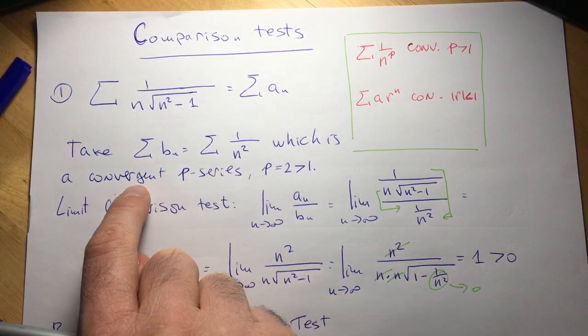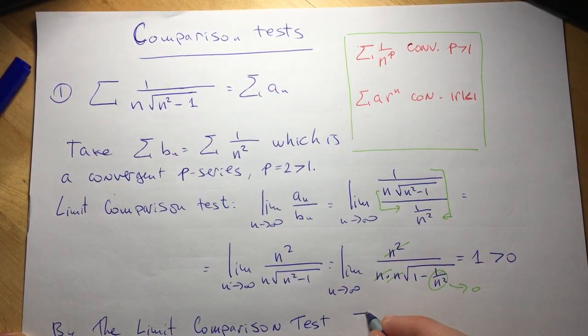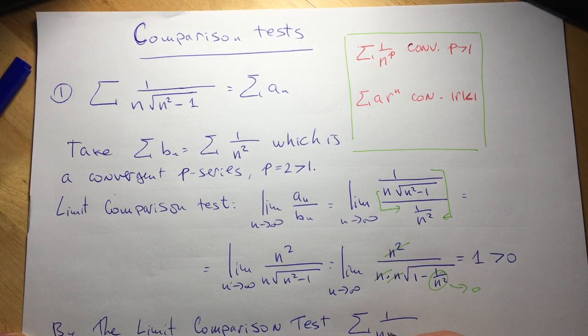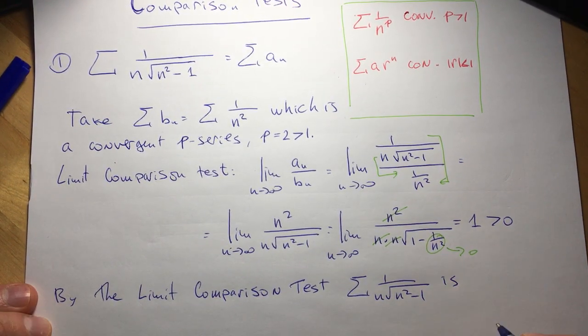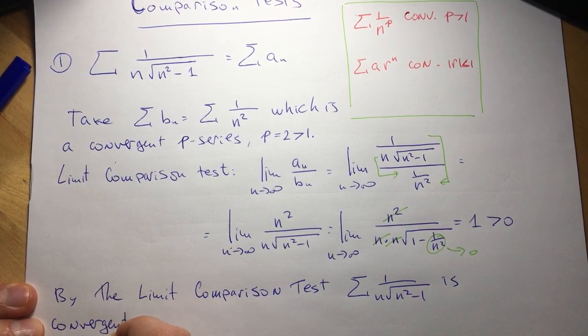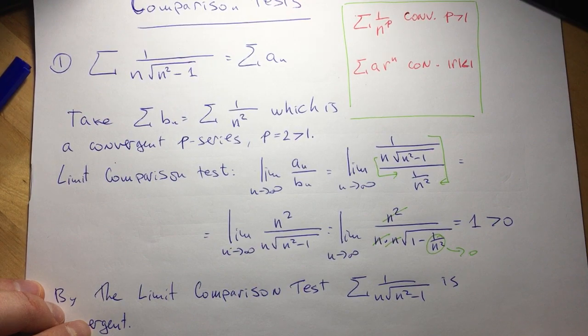Because the sum of b_n is convergent, the sum of a_n also has to be convergent.